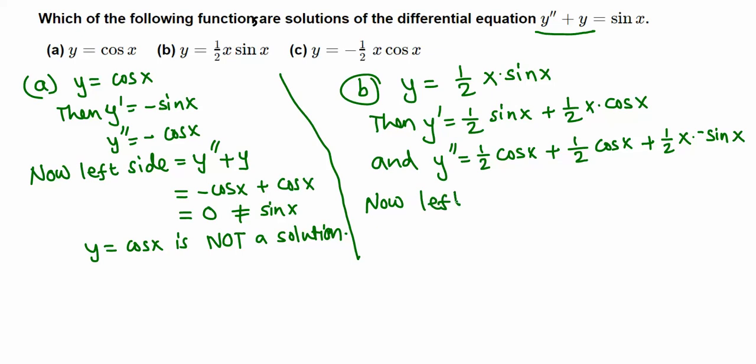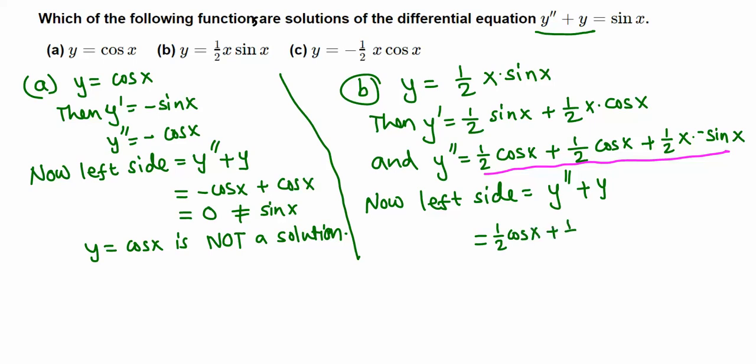Now we take the left side of the ODE, the ordinary differential equation, y double prime plus y is equal to, y double prime we just found here, it's long, 3 terms by the way. So 1/2 cosine x plus 1/2 cosine x.